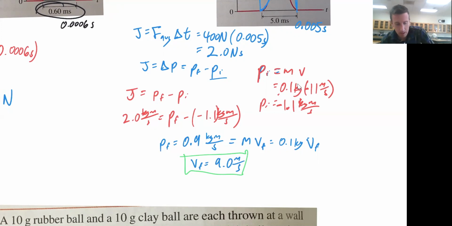All right. Now I need the height. So I need the final y, right? I'm given a final velocity, but this is now my initial velocity, right? This is now how fast it's coming up. So that now becomes my initial velocity.